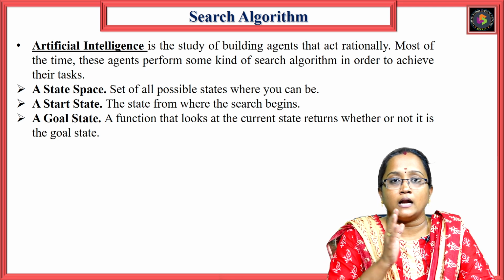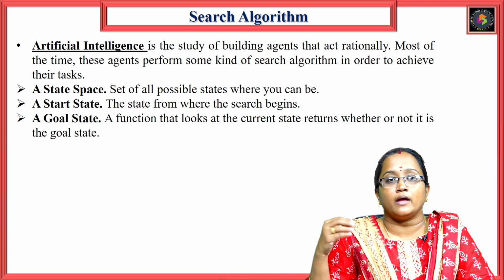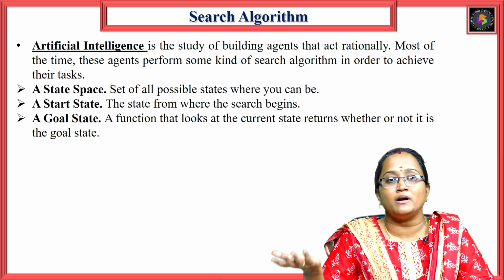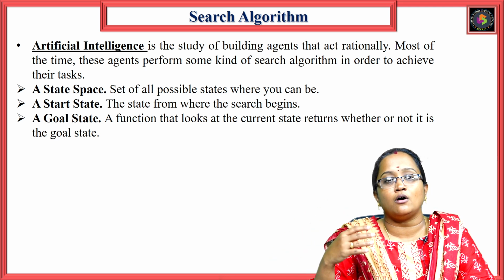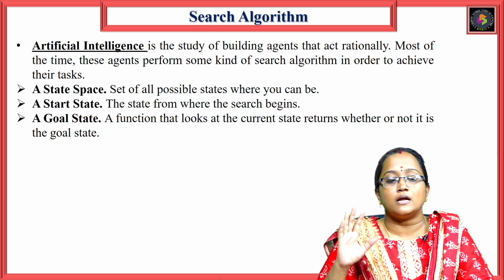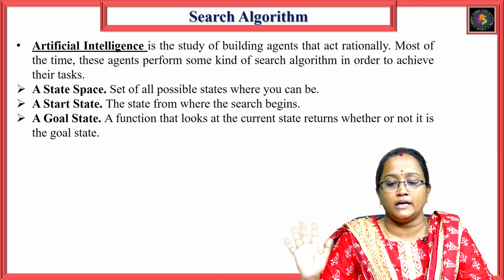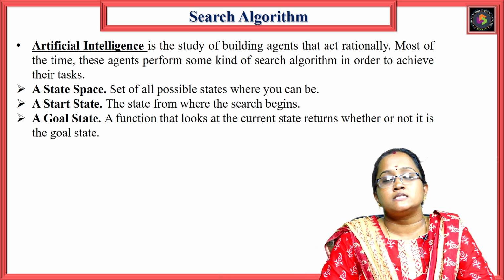Simply we can say it is artificial plus intelligence. So any object that uses human intelligence and works on its own like a human is called artificial intelligence.